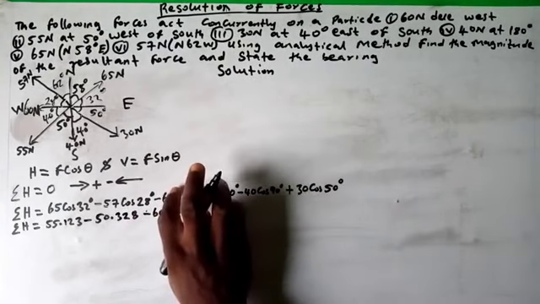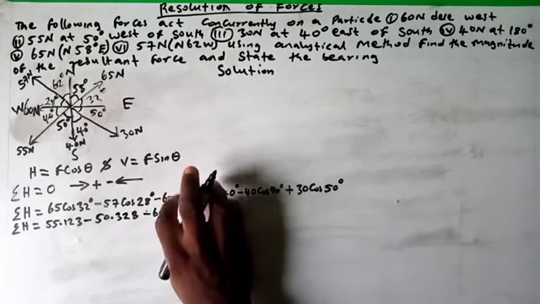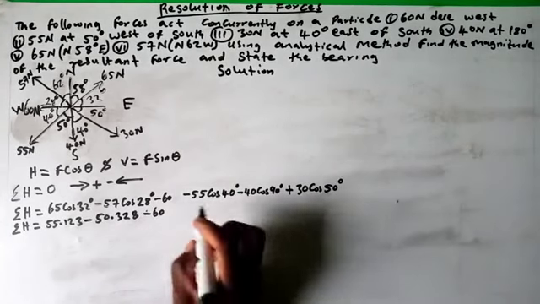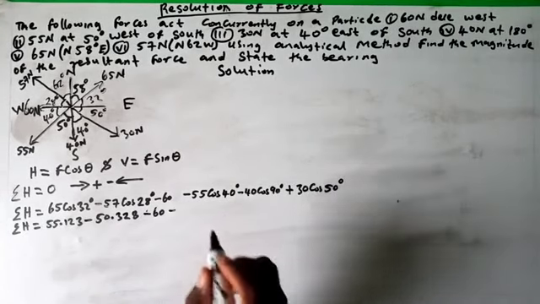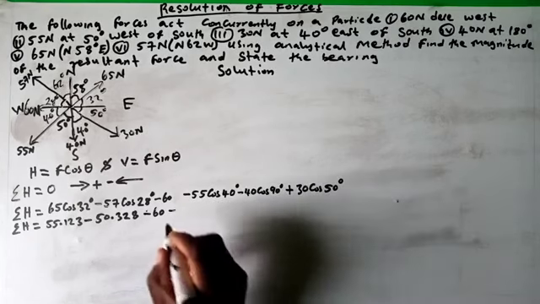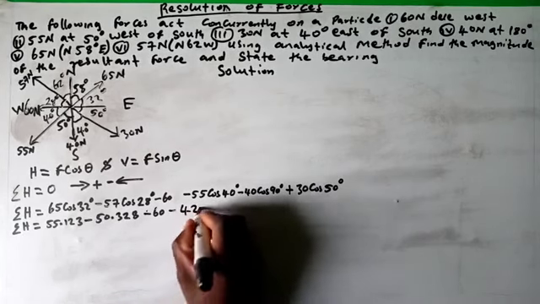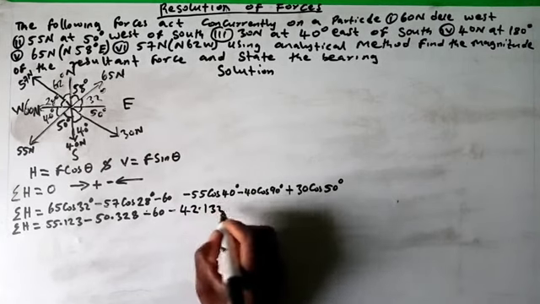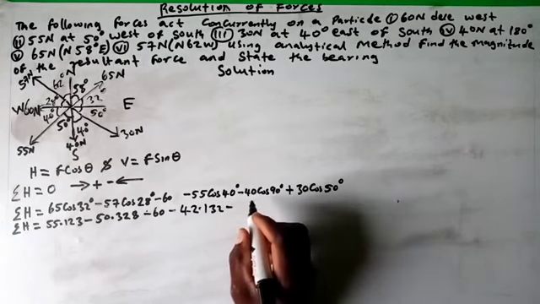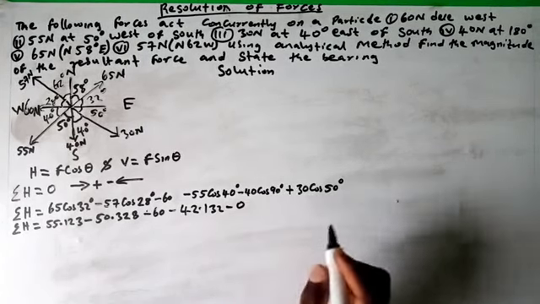Sorry, this n is not supposed to be here. So minus 60, minus 55 cos 40 is equal to 42.132, minus 40 cos 90 is equal to 0.